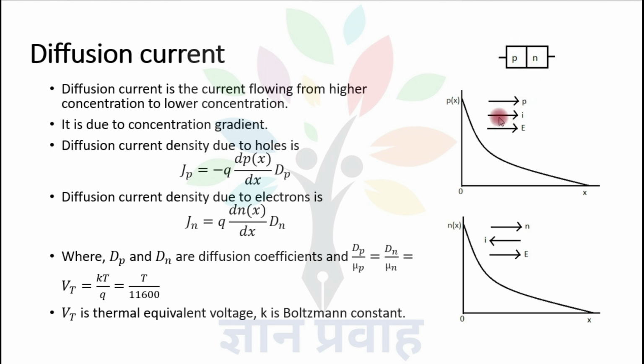The charge carriers, which are holes in p-type material, move from p to n, and the direction of conventional current is the same as the direction of holes. The direction of the electric field is also the same as the conventional current, from positive to negative.